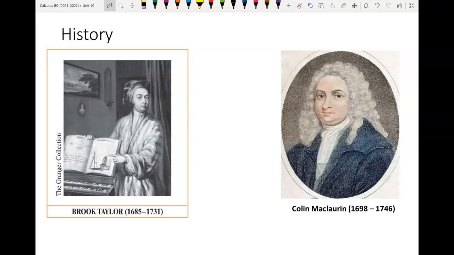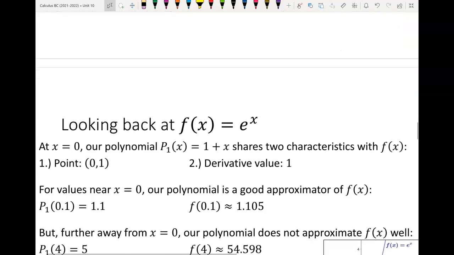Mathematicians had been working with polynomial approximations for a while, but he was the one that got his name attached to it because he was the first one to actually write it all down and publish things. So if you find out a new thing, you want to make sure you publish it, right?